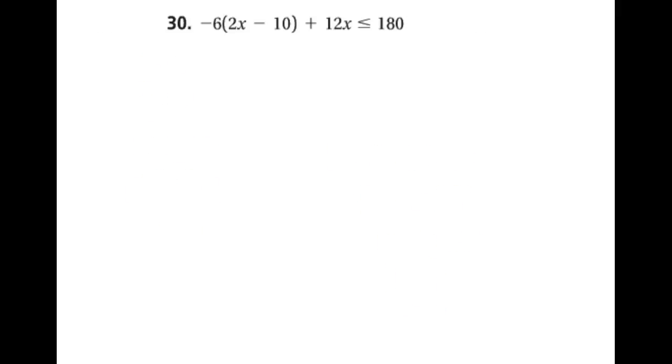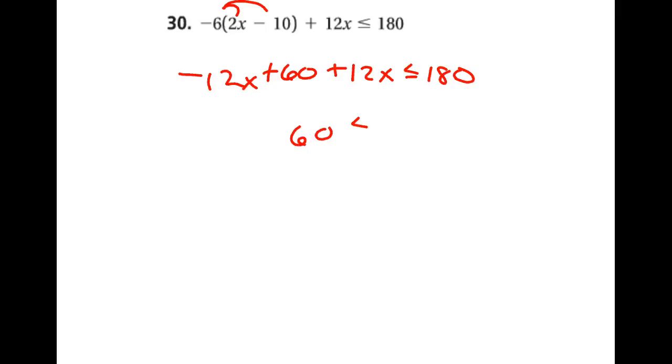Next one was just a regular problem, no words to it. So we're going to go ahead and distribute. Add like terms. And you end up with 60 is less than or equal to 180. And this is just like the equation solving we did where the x is canceled.